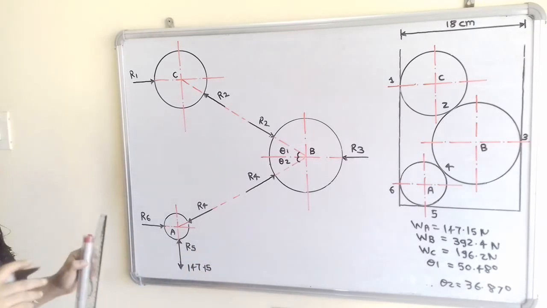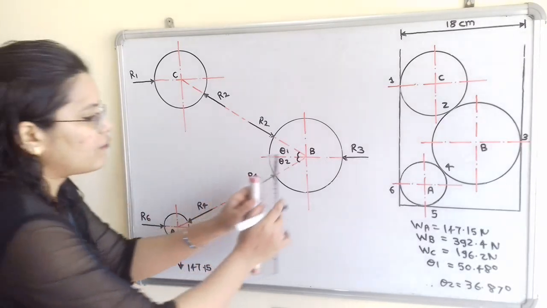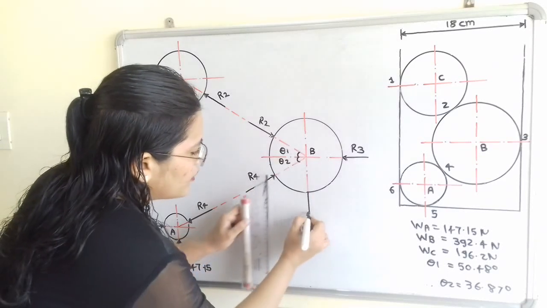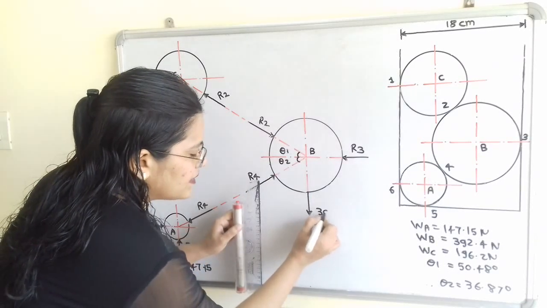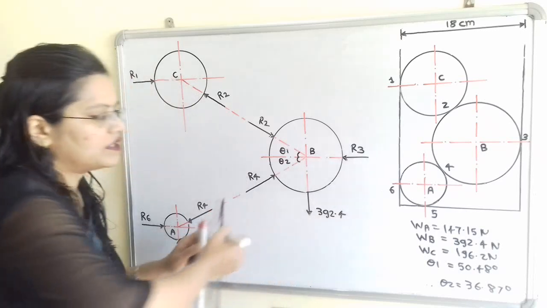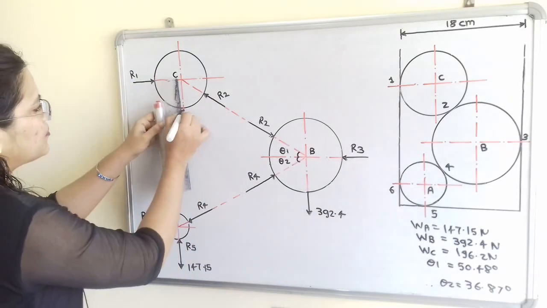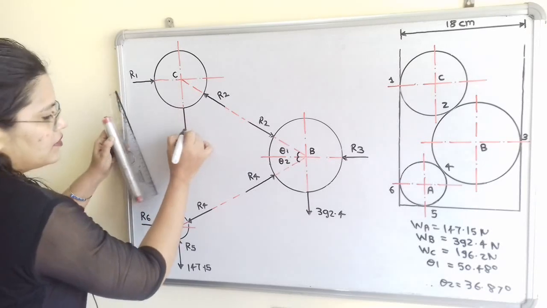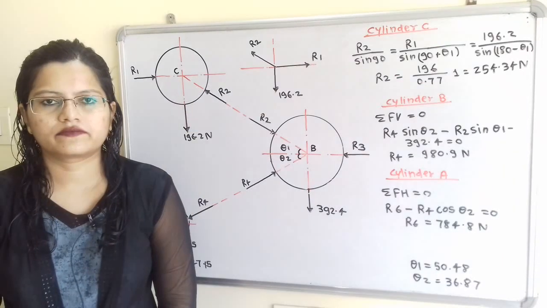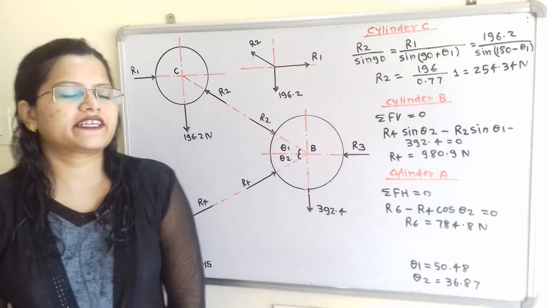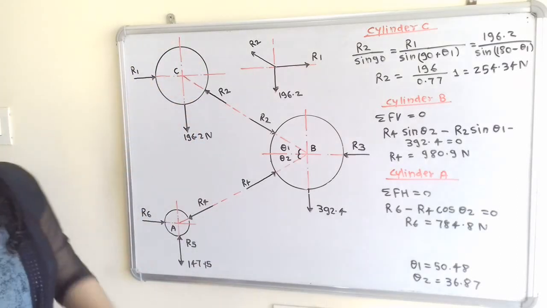So we have to show this. Now for cylinder B, we have to show in downward direction, and it is 392.4 Newton, and for cylinder C it is 196.2 Newton.